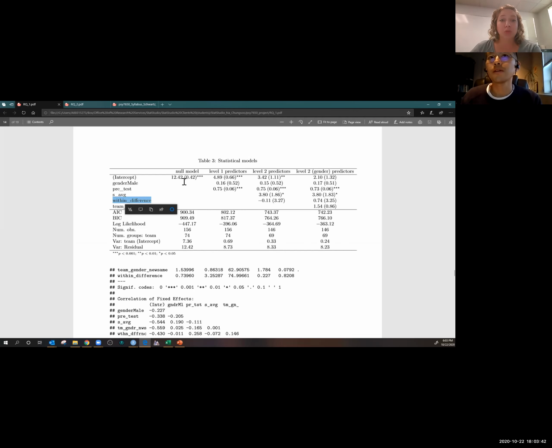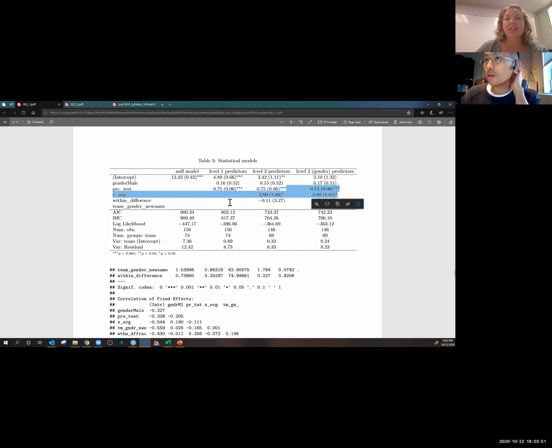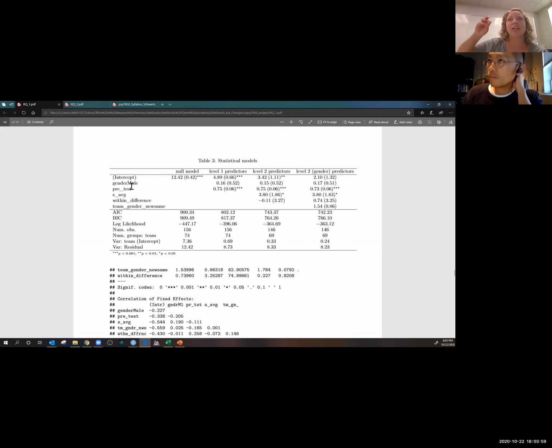So I think that this was perfect. The only thing that I could say here is to fit one more model and to leave in the pretest and the average similarity, and I would leave those two in and then start paring it down, taking out the non-significant terms.